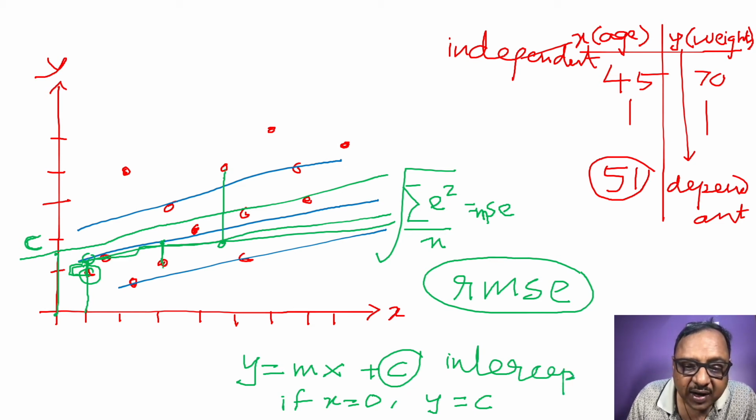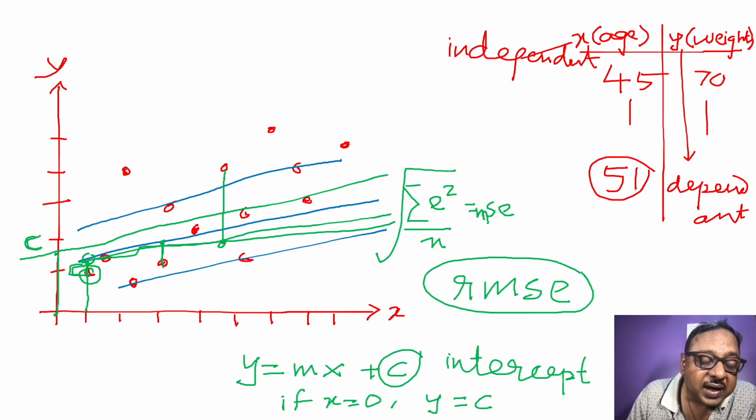So this is the value known as the intercept. Intercept is the value of y when x is equal to 0. Also notice that in this line, when we increase x by 1 unit, the increase in y is given by m.